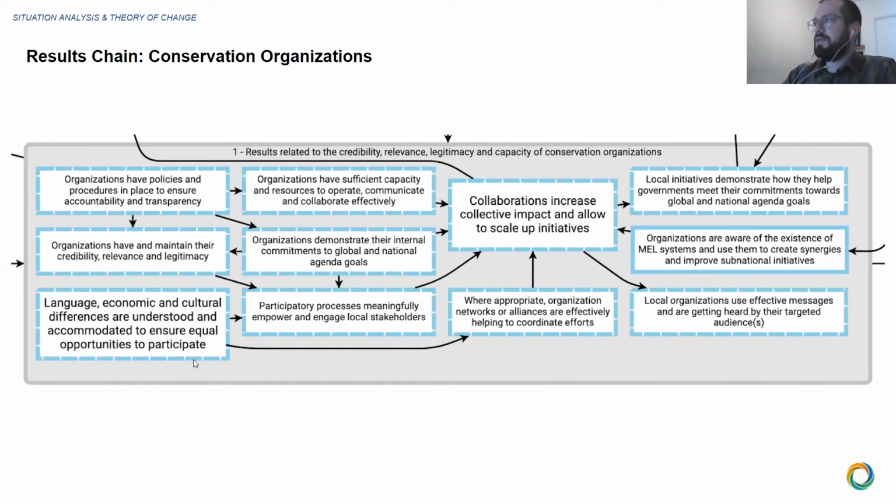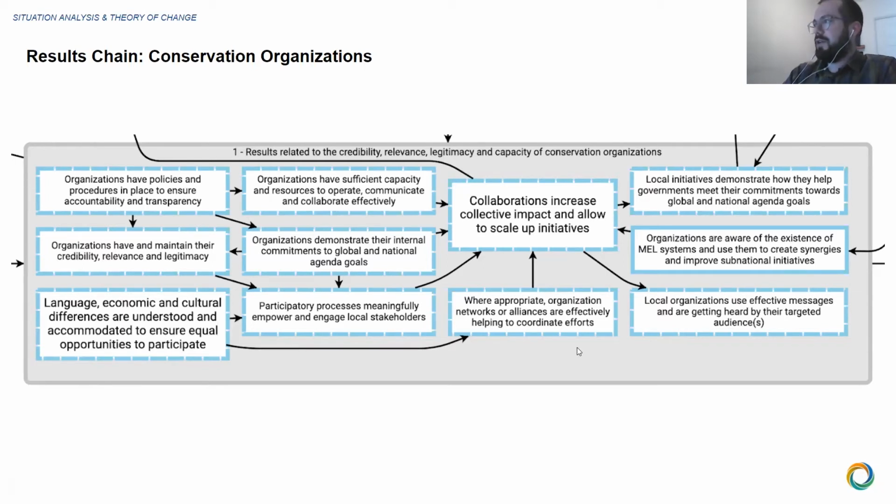Another item that was deemed very important was ensuring that language, economic, and cultural differences were understood and accommodated to ensure equal opportunities to participate. This was thought to lead to meaningful engagement of local stakeholders, and this was found to be very effective in one of our case studies.